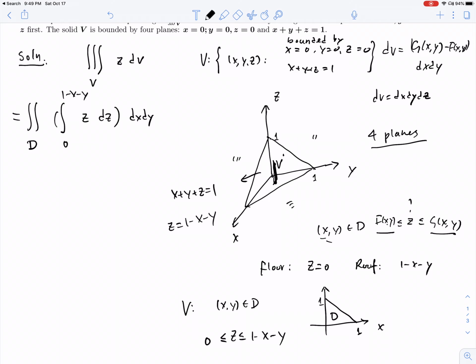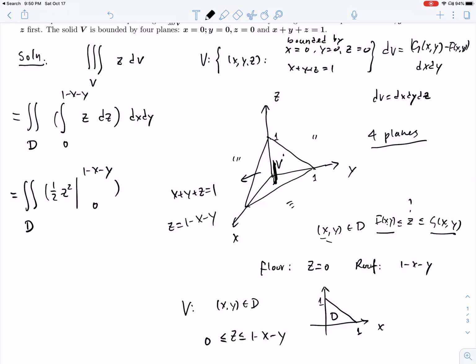And we have a simple integrand, so we can actually integrate this one over here. And you'll see we have just converted a triple integral into a double integral. So we still need to convert this double integral into an iterated integral, and then we can finish. But for the moment, this is going to be just 1/2 z squared, and plug in 1 minus x minus y and 0.